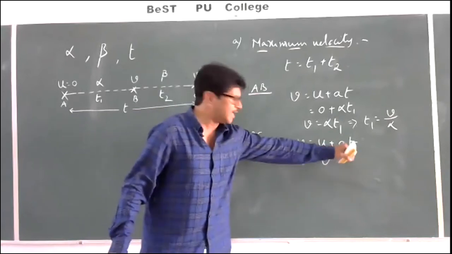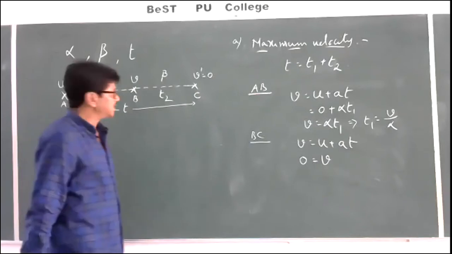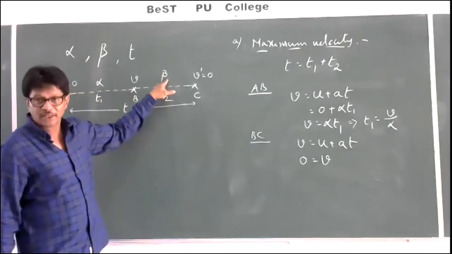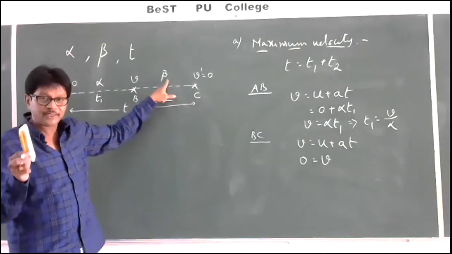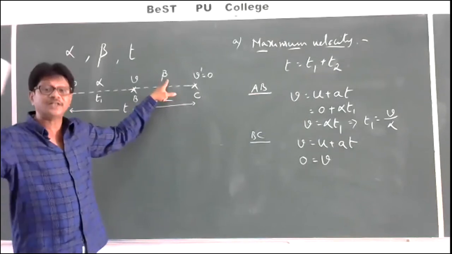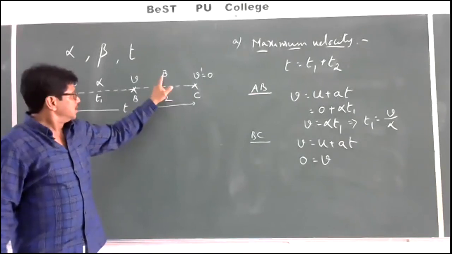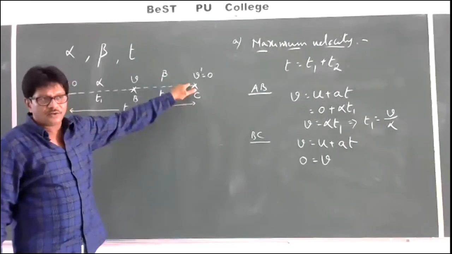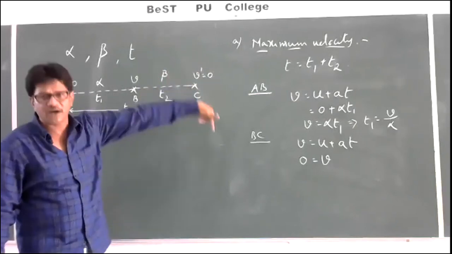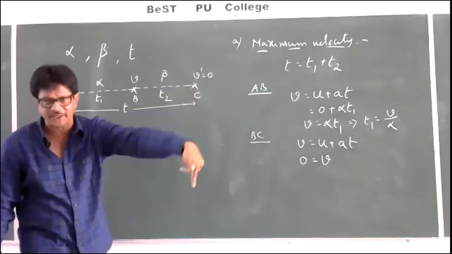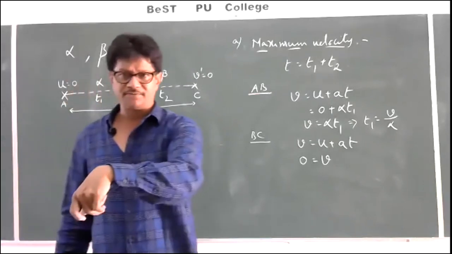In this formula, A is nothing but acceleration. But in the problem, he gave beta. Beta is not an acceleration; beta is a deceleration or retardation. If the retardation is beta, what will the acceleration be? Minus beta, because retardation is nothing but negative acceleration.